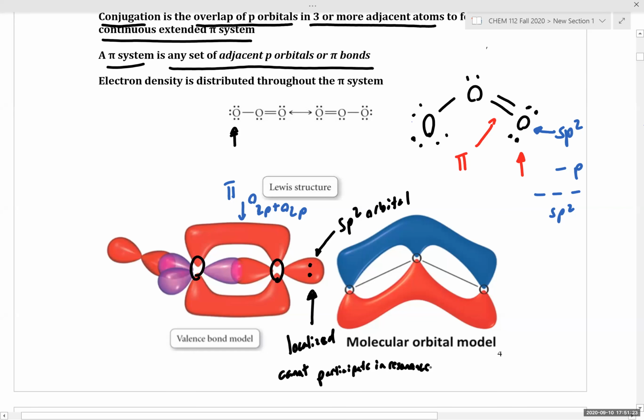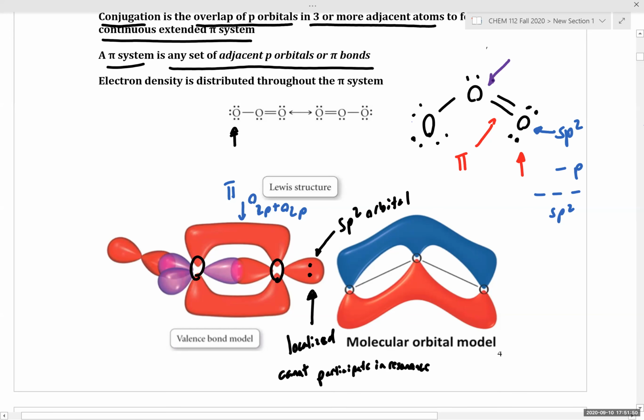Okay. Likewise, let's do the exact same pattern of logic. Notice how in our orbital picture, the lone pair is located clearly in an sp2 orbital, and it is in no way parallel or able to overlap with our pi system.